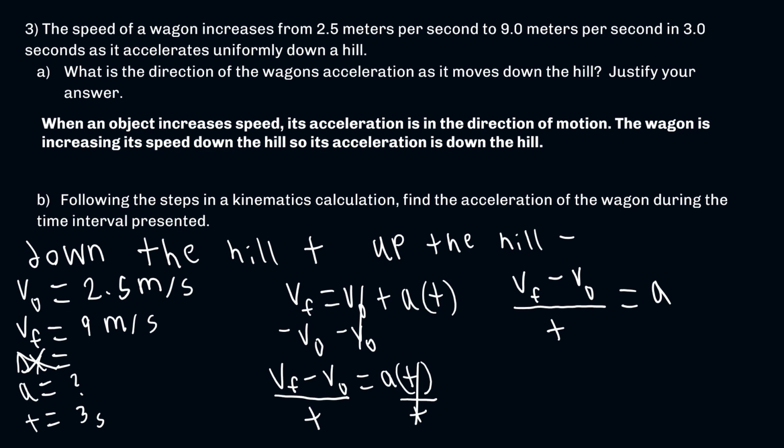So now I can plug everything in. I have 9 meters per second minus 2.5 meters per second, all over my time, which is 3 seconds, equal to acceleration. I'm not going to go through all the math steps here, so just plug this into your calculator. 9 minus 2.5, so you should have 6.5 meters per second on top, divided by 3 seconds on the bottom.